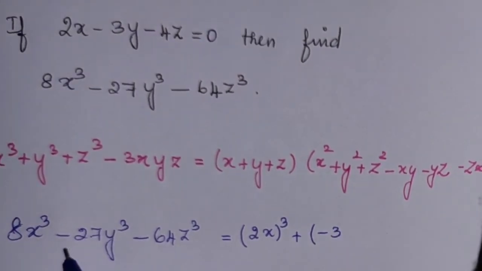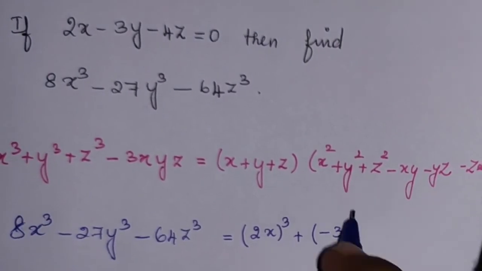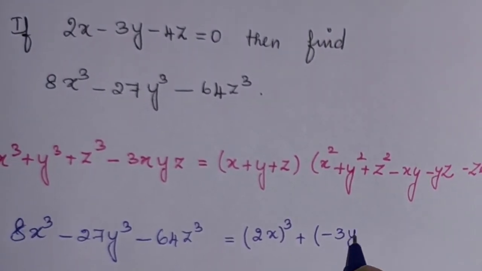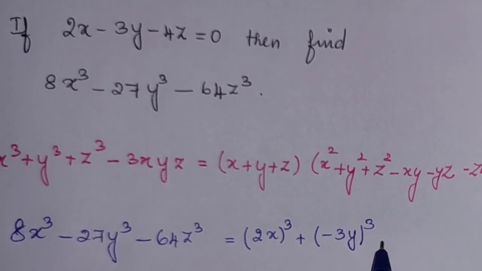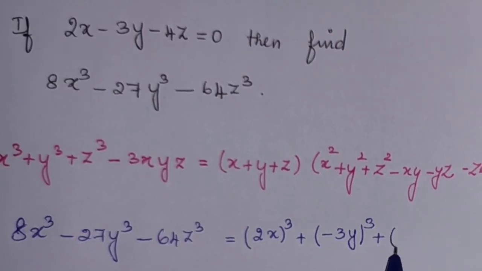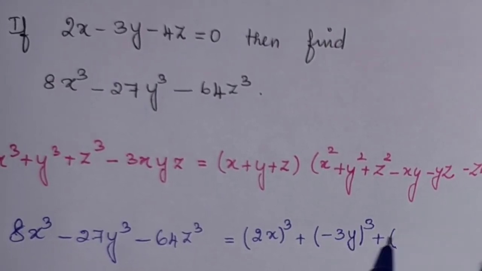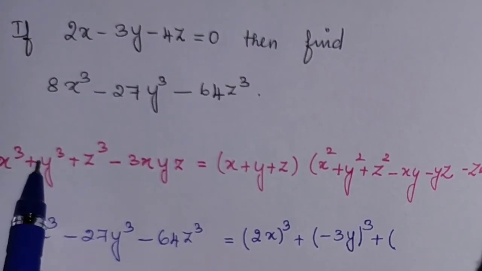Since I have a minus sign here, I'm replacing that as minus 3y the whole cube plus, I'm writing in x cube plus y cube plus z cube form.